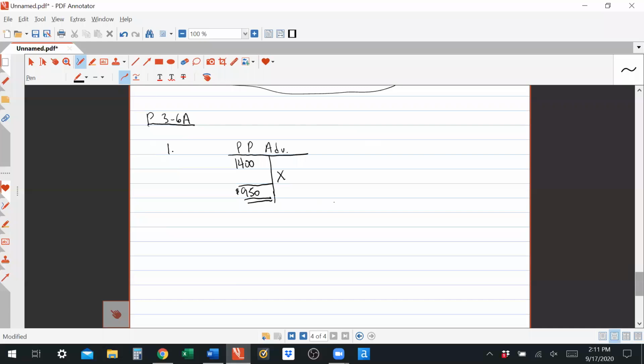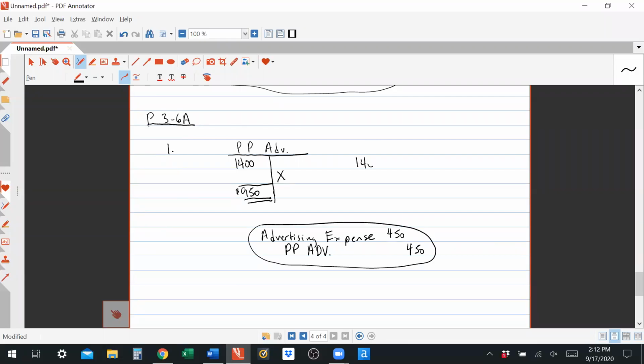That amount is the advertising expense, and it looks like it is $450. Here's the journal entry that they want. Again, to solve for x, we take 1,400 minus x equals 950. Solving this equation, x equals $450.